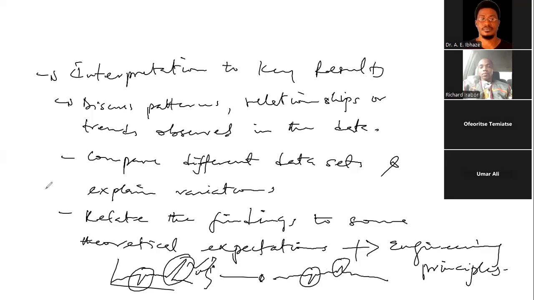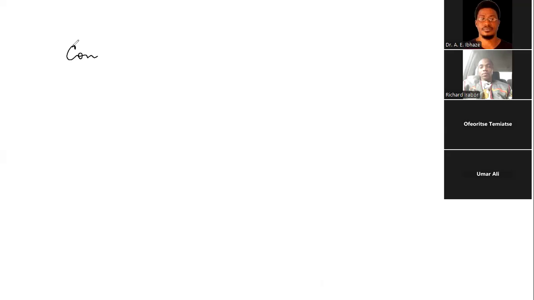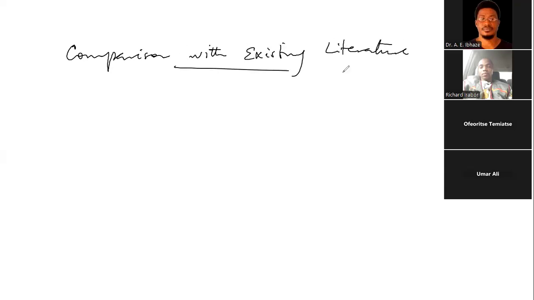And once this is done, then we can go for comparison with existing literature. So while conducting your literature review, you must have conducted your research in such a way that you devoted a section to related work, okay?